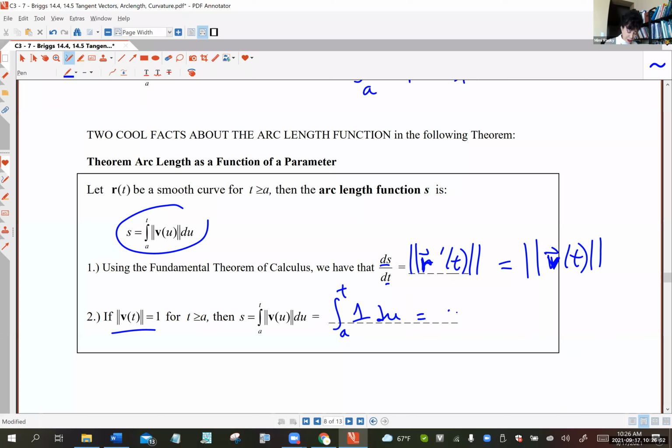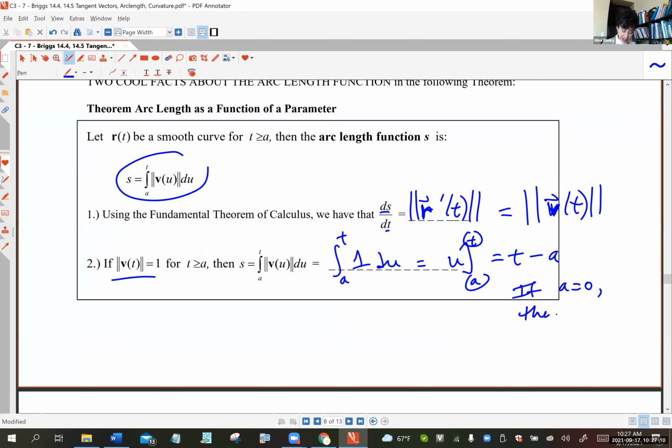And so that would just be u, evaluated between the limits on that integral, substituting in the upper limit and then the lower limit. Now, if a is equal to 0, which is very common, then you would have u evaluated between 0 and t, which would just give you t.